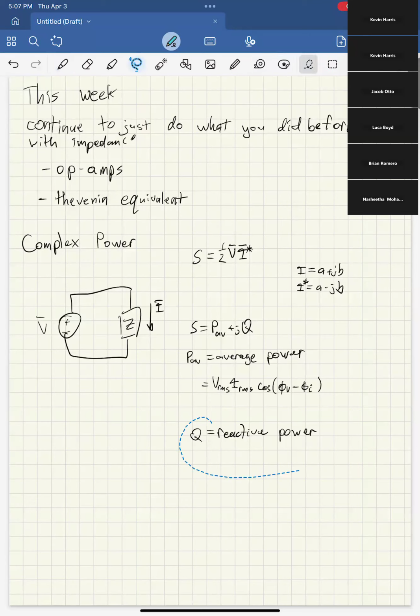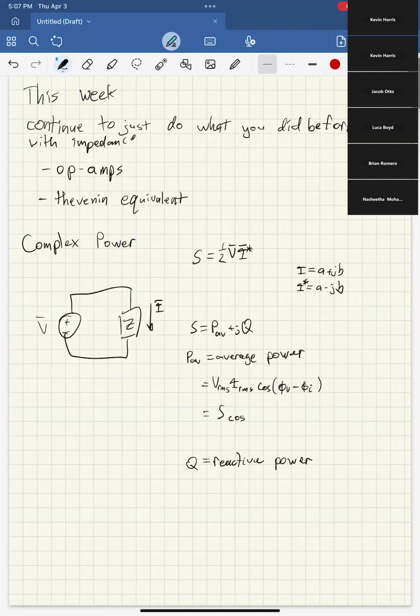And the way I personally would think about it is it's also equal to the magnitude of S times the cosine of the phase of S, because it's just the real component of it. And likewise, if S is some complex number, this is the average power, and this is the Q, with this as the real part and this as the imaginary part. Hopefully you're familiar enough with complex numbers by now to see what I mean by that.